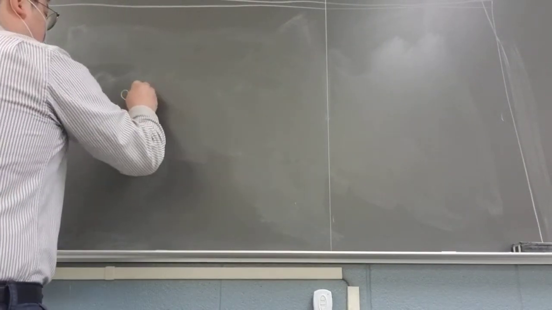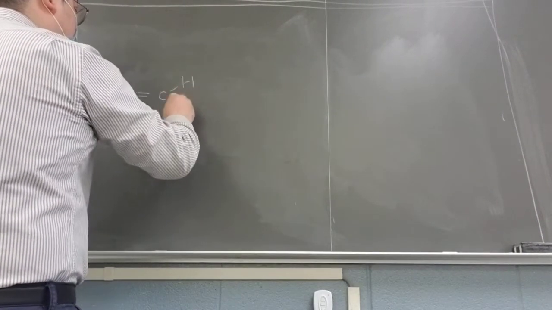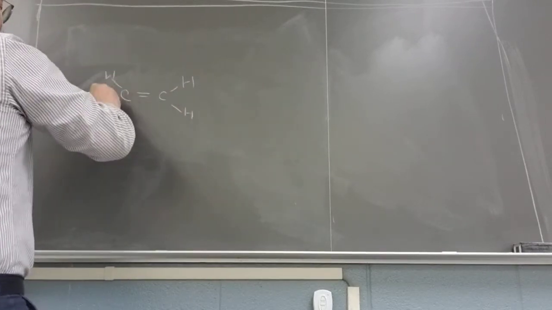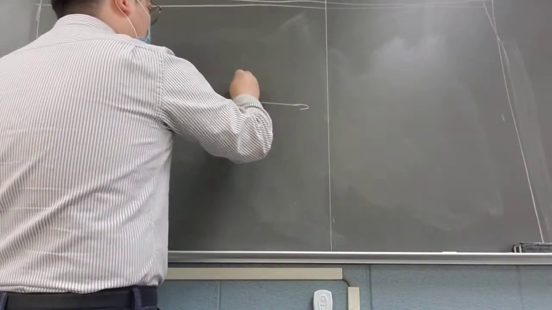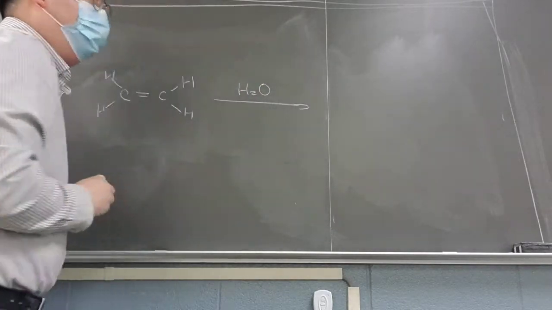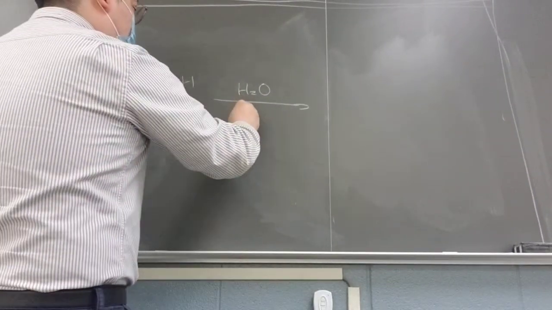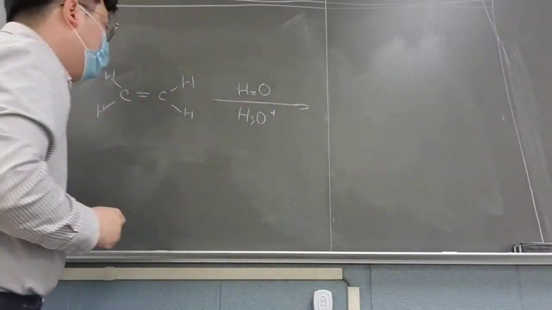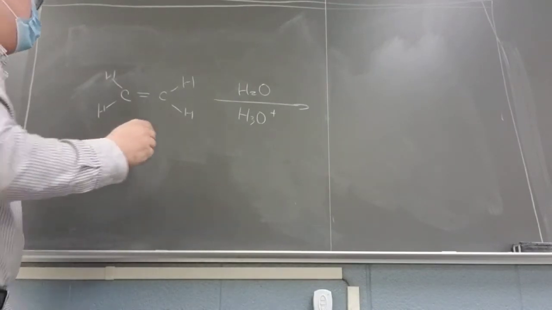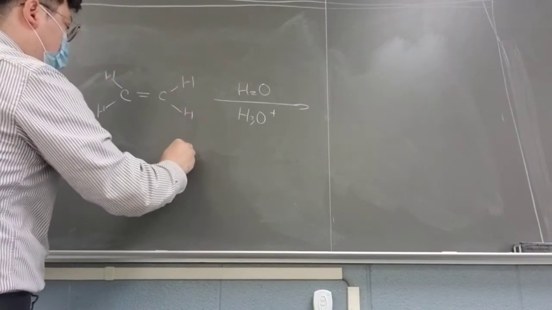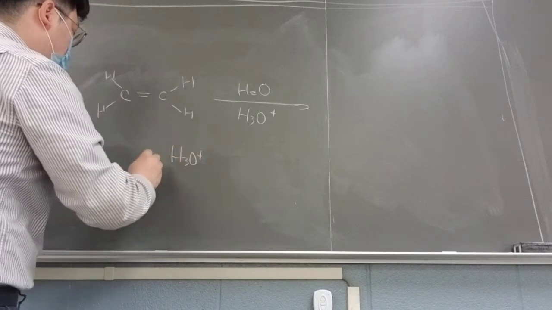The next one is the hydration. If you have this one, you can treat it with some aqueous solution with water, obviously, and some acidic conditions. If that happens, you have a hydronium cation. It looks like this.